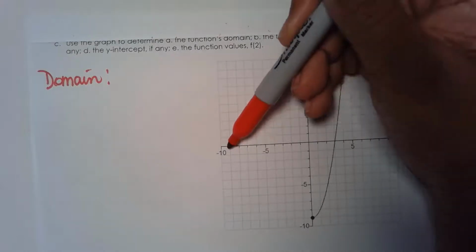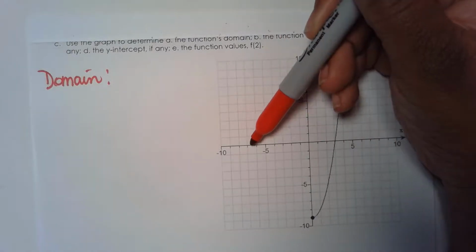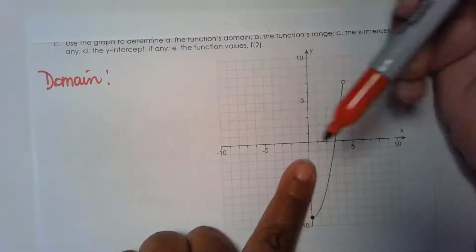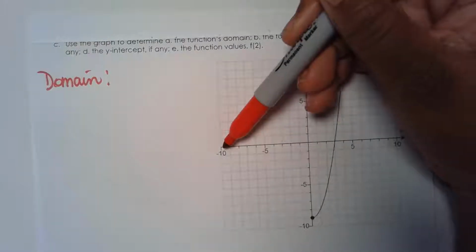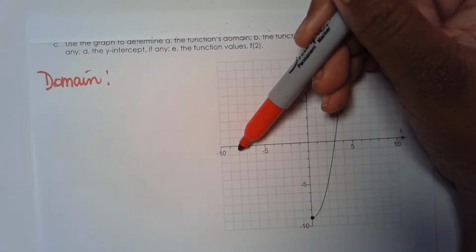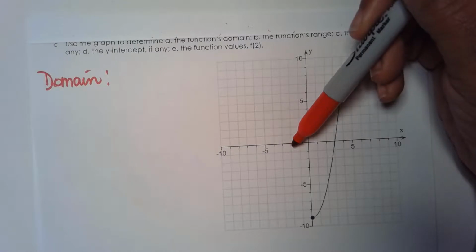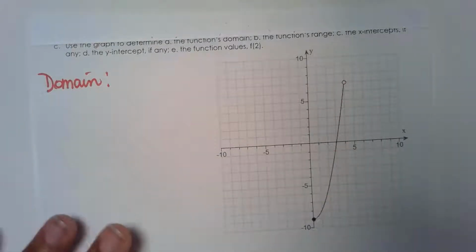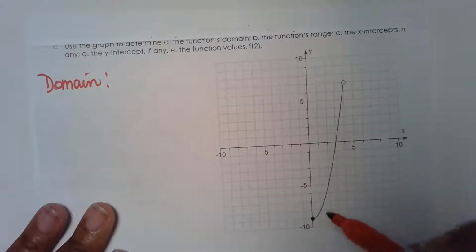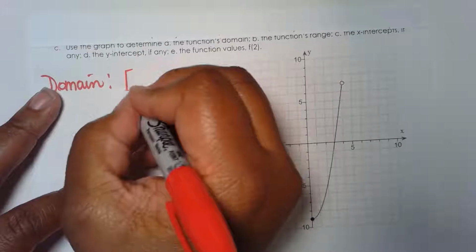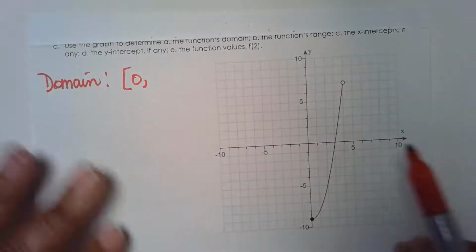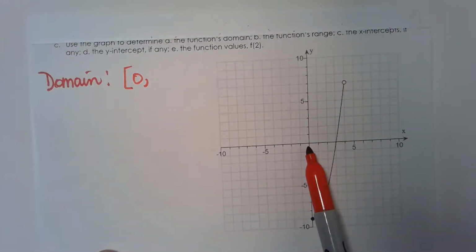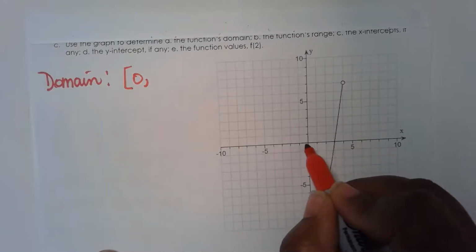As we go along the x-axis, I'm not looking at the y-axis, but as we look along the x-axis, where does this graph start at? What is this number here? That's 0. And at 0, we have a closed circle. So we have an open bracket, comma, and then it starts at 0. Let me put 0 here.